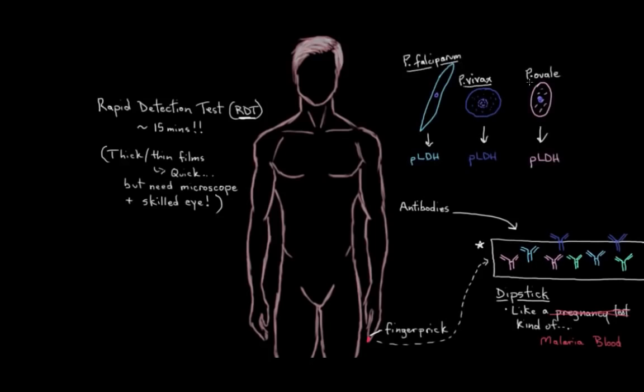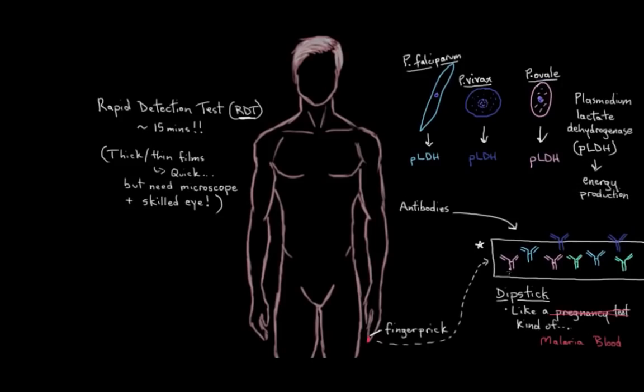Each subtype of Plasmodium produces a slightly different version of an enzyme that they all have, called Plasmodium lactate dehydrogenase, or PLDH. This is an enzyme that helps the Plasmodium make energy to do all of its dirty work.